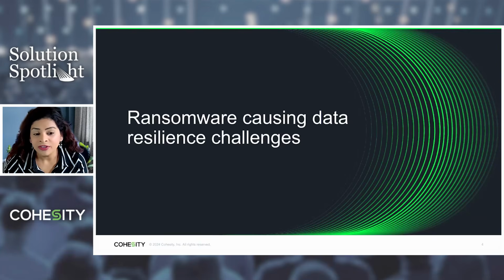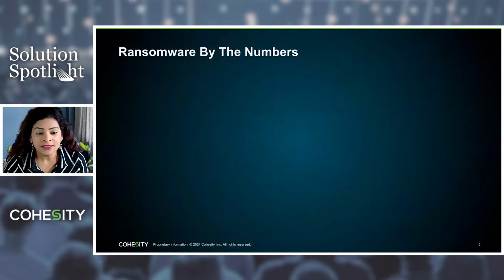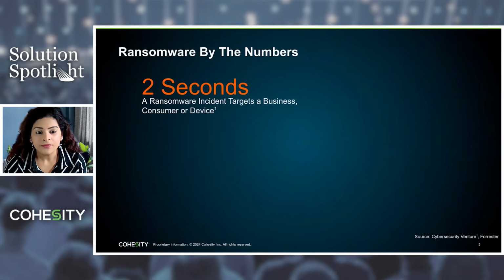The big elephant in the room, ransomware. Today you can't have a conversation with any IT or security personnel without the word ransomware popping up. So let's get into the specifics of ransomware by the numbers. Why is this so important to everybody, from the shop floor to the boardroom? Everybody wants to know how they can protect their data from ransomware.